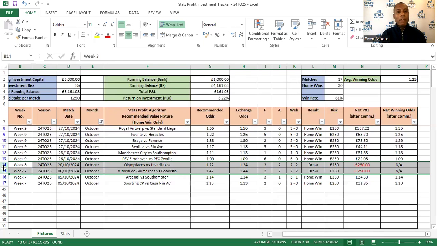They both drew 2-2, and this was one match after the other. I don't think it was on the same day, but it was on either side of the international break for October. Both teams went 2-0 up, and both teams conceded 2 goals to finish the match 2-2, which I thought was just unusual, the same thing happening.